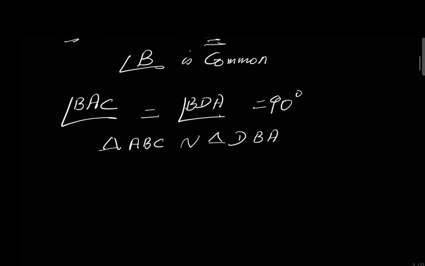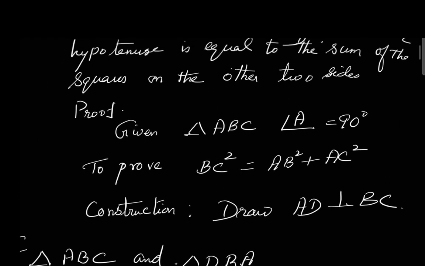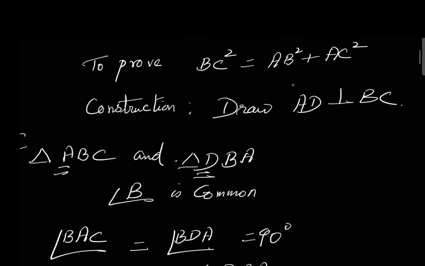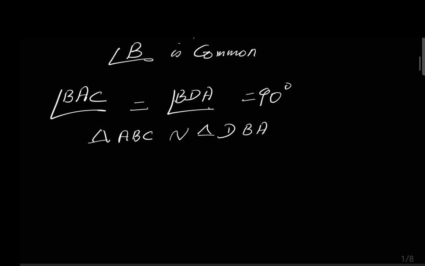Now let us take the corresponding sides. In the proof we need AB. In the first triangle we have AB, so in the smaller triangle I take the first two letters, DB. They are corresponding sides.